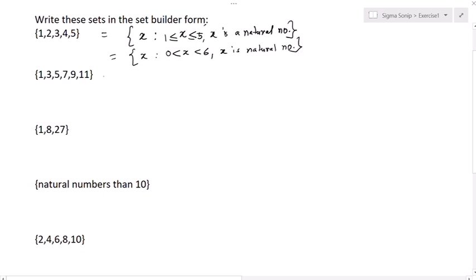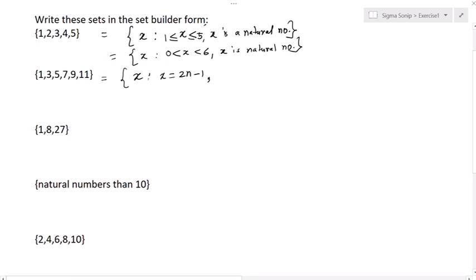So this one here, I see that this is a set of odd numbers. So again, I can say that set x, and x is such that x is equal to 2n minus 1, where, and here I can string as many conditions as I want, separated by commas. So I'm saying that x is 2n minus 1. So my n has some limitations now.